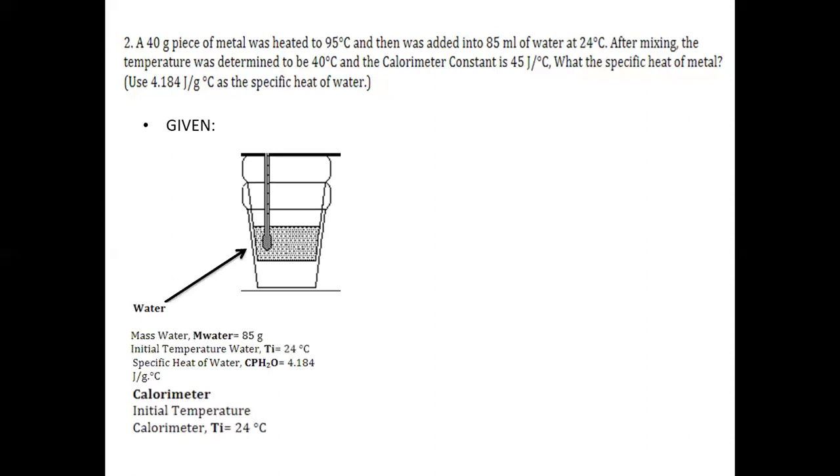And the calorimeter itself has the same initial temperature as the water inside, 24 degrees Celsius. We are also given the calorimeter constant, so the heat capacity of the calorimeter itself is 45 joule per degree Celsius. Afterwards, a hotter metal with a mass of 40 grams and an initial temperature of 95 degrees Celsius was added into the water inside.